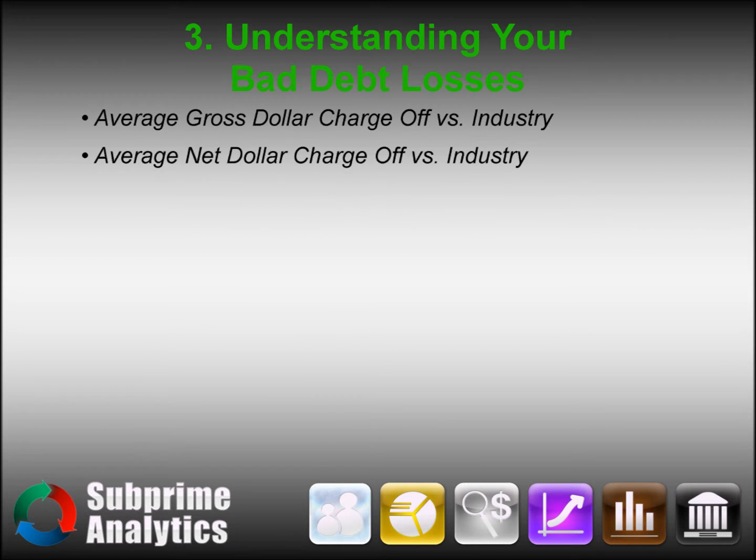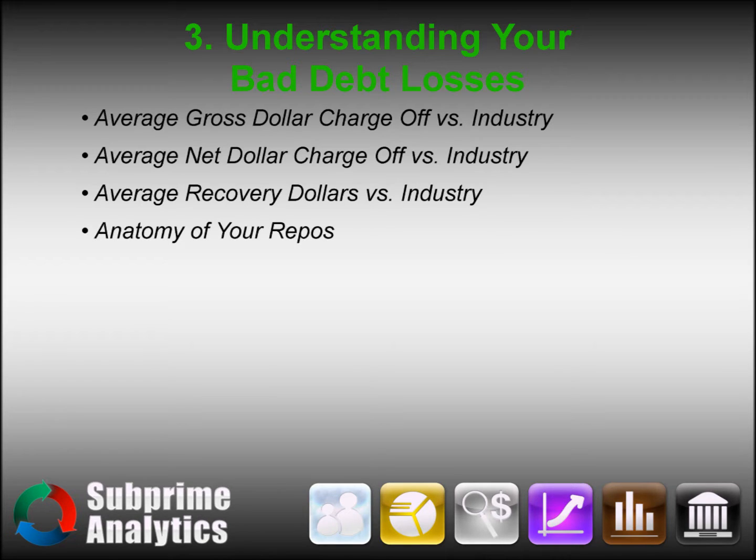Finally, we look at understanding your bad debt losses by analyzing them. Here, we look at your gross dollar charge-off, your net dollar charge-off, and your average recovery dollars. We provide an anatomy of each repossession.